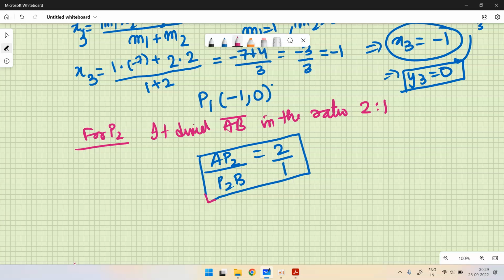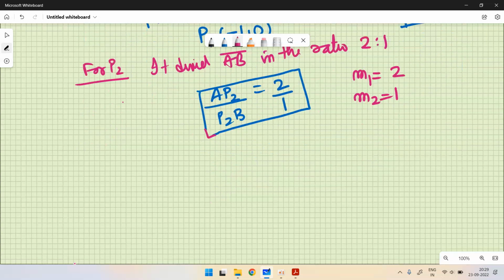So from here m1 will be 2, m2 will be 1. Now applying the formula, x4, the coordinate of P2 is x4 and y4.